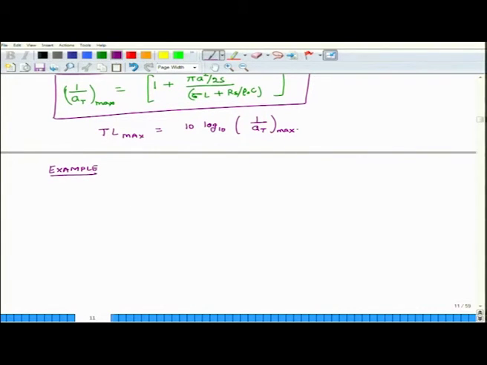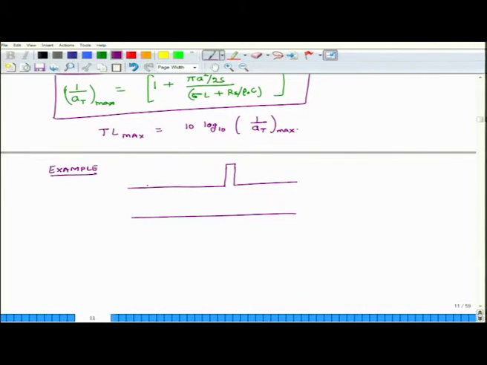So, what we have is a side branch muffler and in this case it is a closed tube.